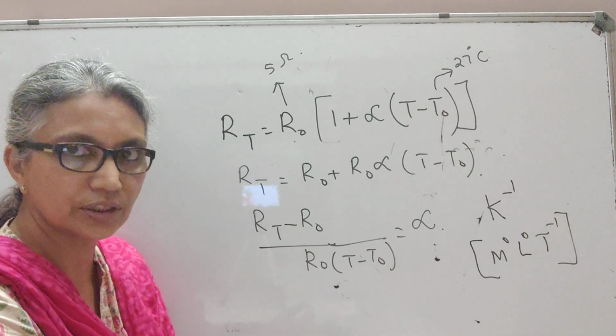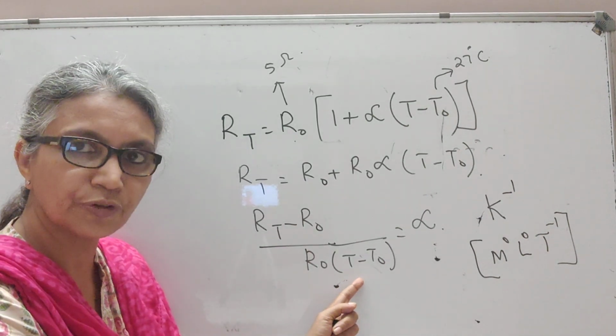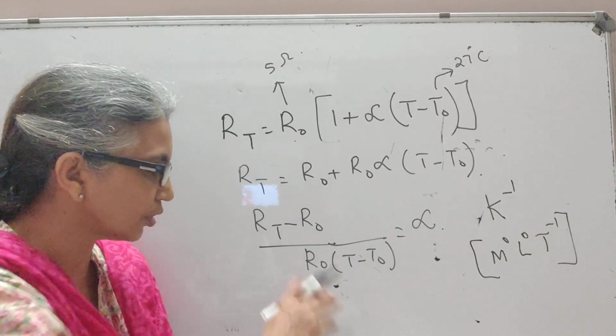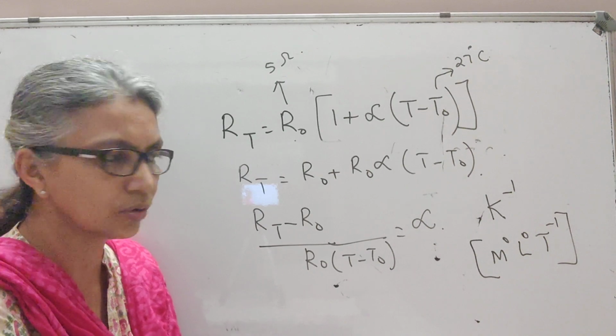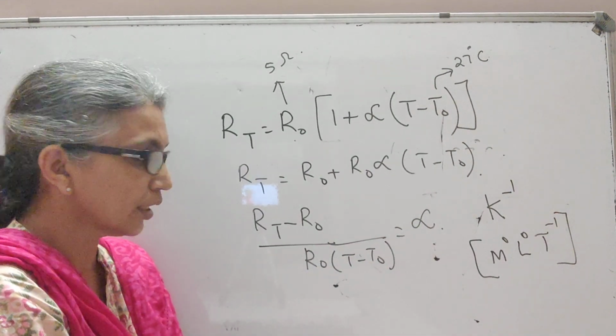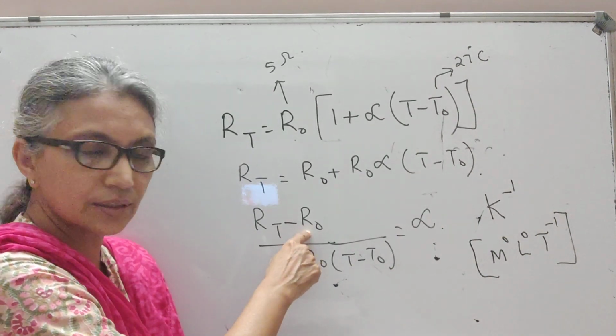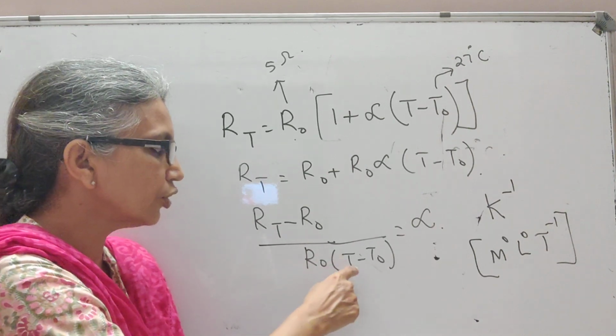R_T minus R0 is the change in resistance, divided by the original resistance R0, and also for unit rise in temperature, because you're dividing it with T minus T0. You may define alpha, the temperature coefficient of resistivity, as the change in resistance per unit resistance per unit rise in temperature.